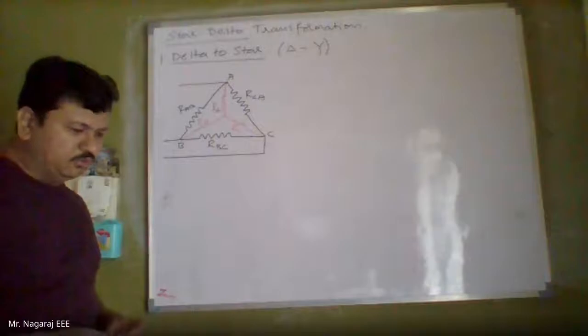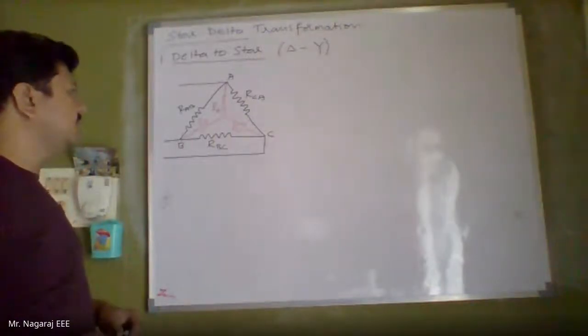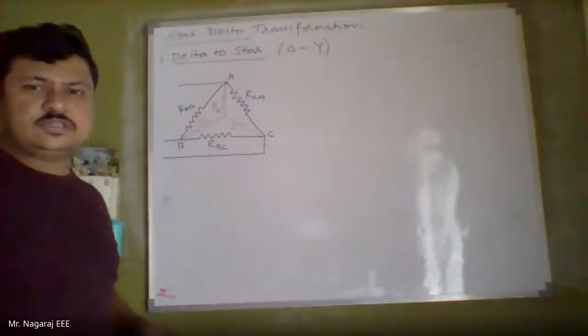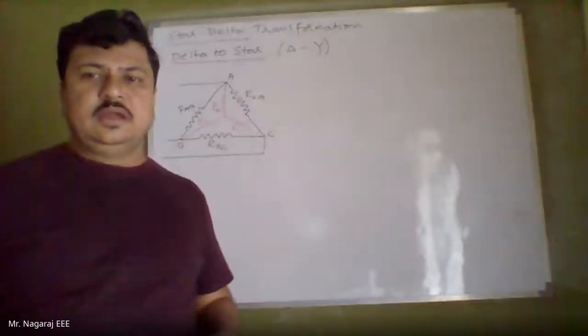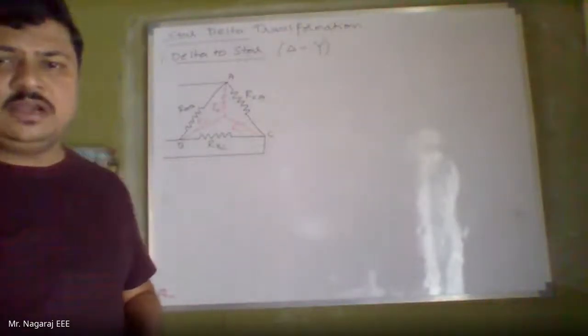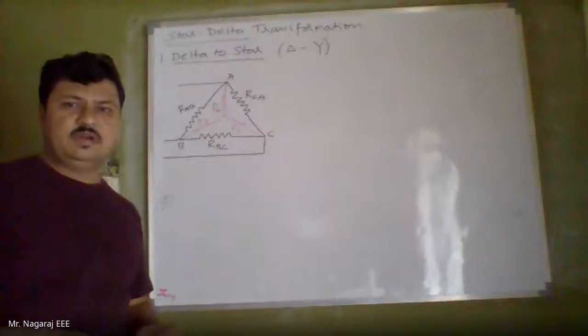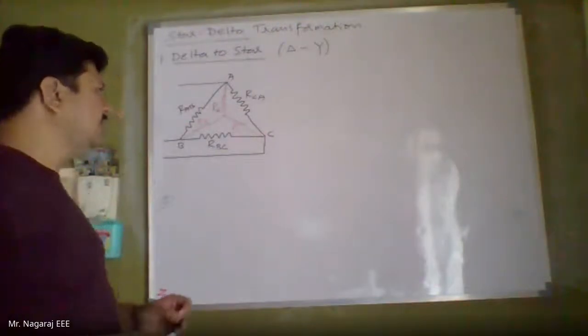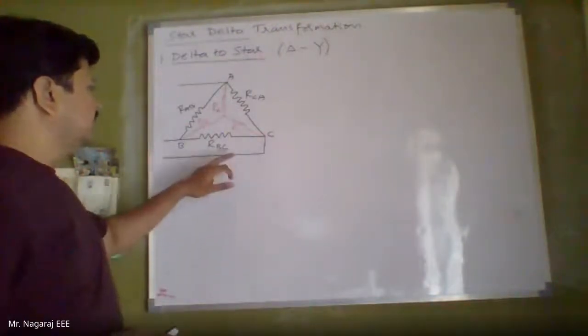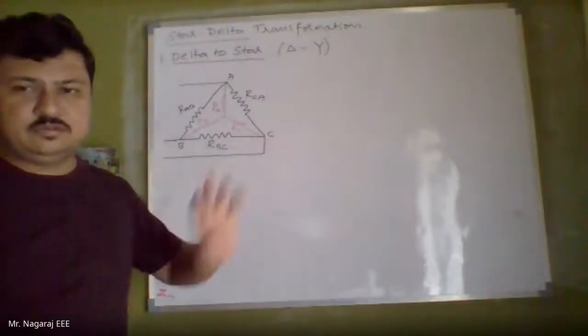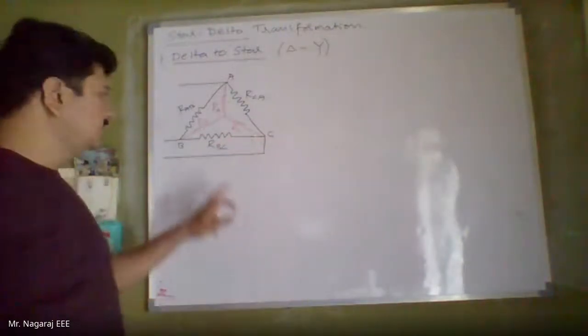Or if we want to put it the other way, across any two nodes we find the equivalent resistance, keeping the third line open.